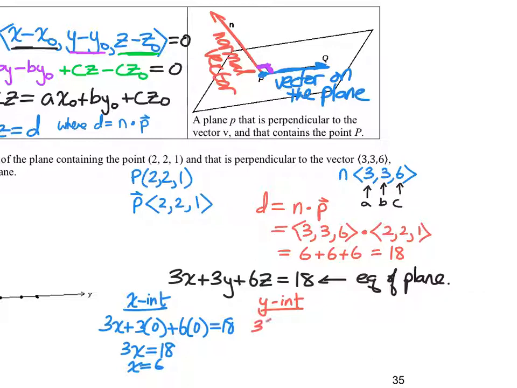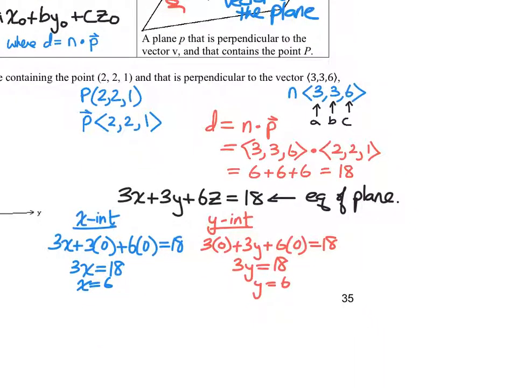For the y-intercept, you let x and z equal 0. Leave y variable. The same idea as what you would do if you were graphing x and y intercepts in the two-dimensional system.